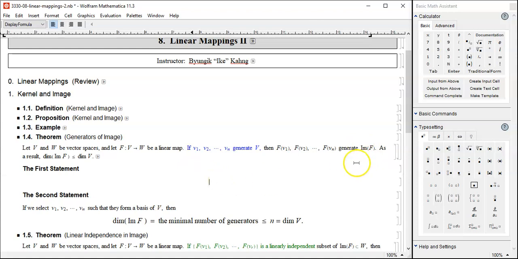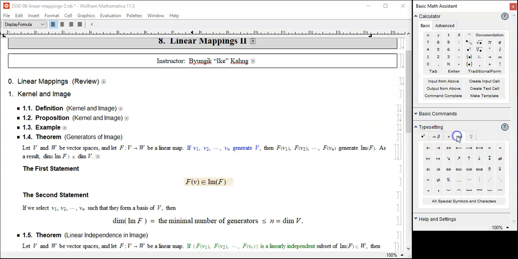An arbitrary element of the image: if I select any element from the image, then it can be written as a linear combination of these guys. This is basically what we want to prove.